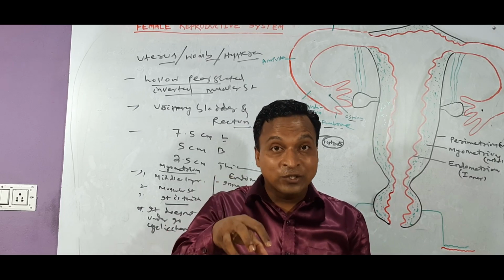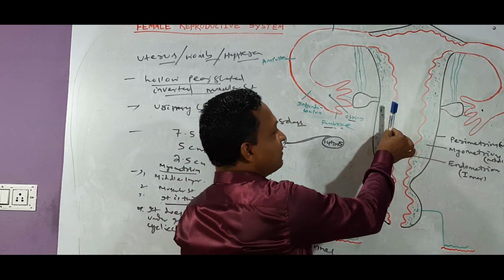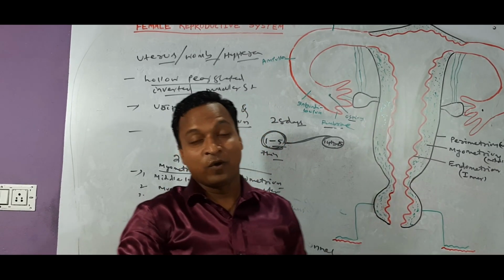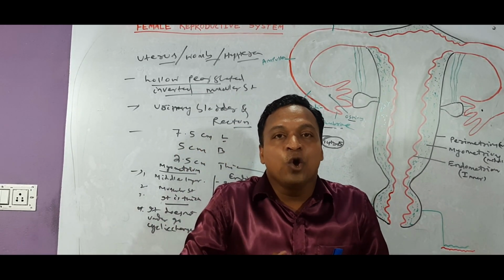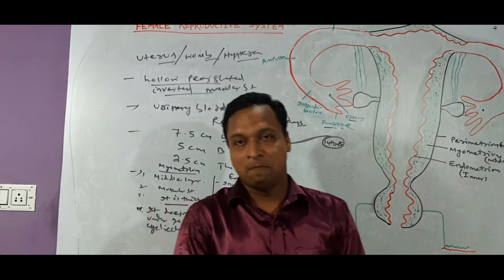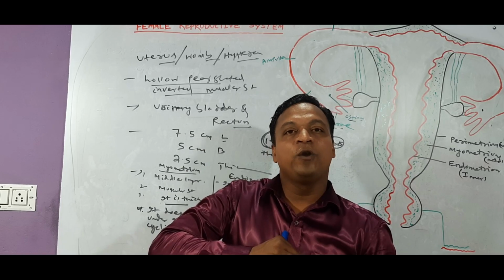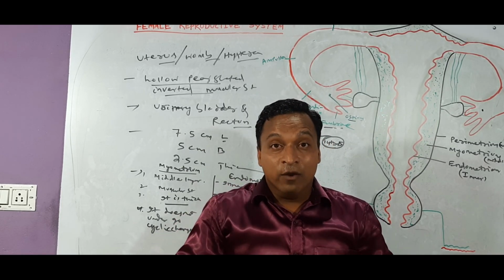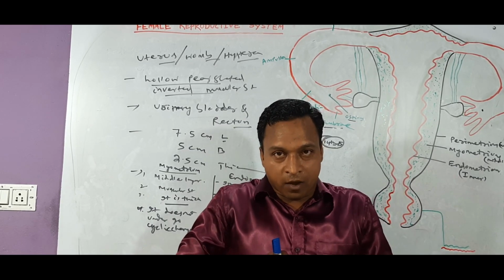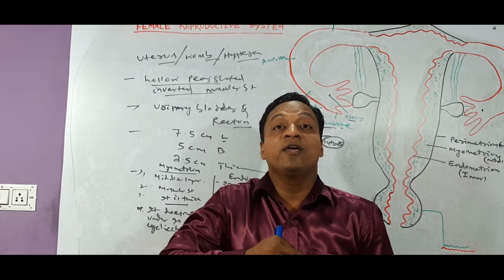This blastula is implanted in the endometrium. And this blastula slowly, by taking nourishment from the endometrium, develops into a human baby.